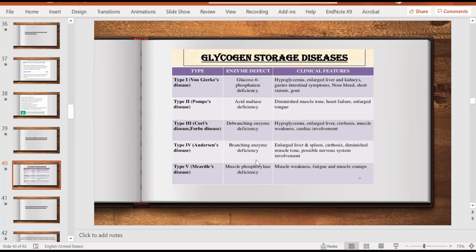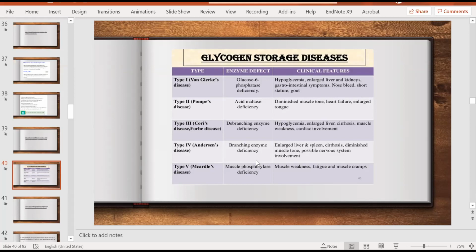Now, a patient with glycogen storage disorder can't break down this glycogen to form glucose. Because glucose is deficient, the child will be weak. They will also have decreased muscle tone and weakness in the muscle. Because of low glucose, they will have features of hypoglycemia. And because glycogen is accumulating in the liver, they will have an enlarged liver.